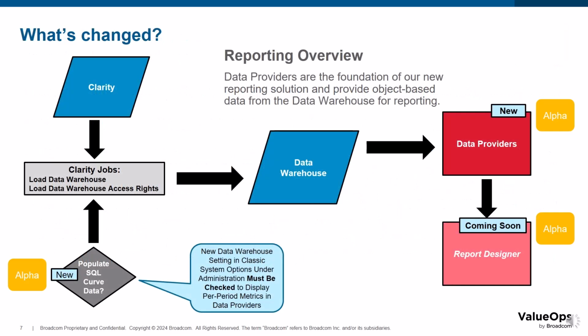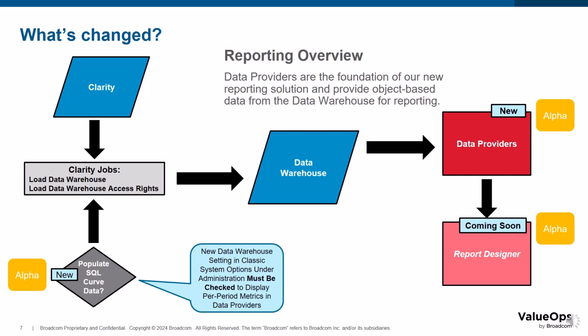Before I demo data providers, I wanted to give you some context of where they fit into our reporting infrastructure. So today we have the Clarity Transactional Database, which is this blue box. And also today we have the Load Data Warehouse job and the Load Data Warehouse Access Rights job that take the data from the Clarity schema and populate it into the data warehouse.